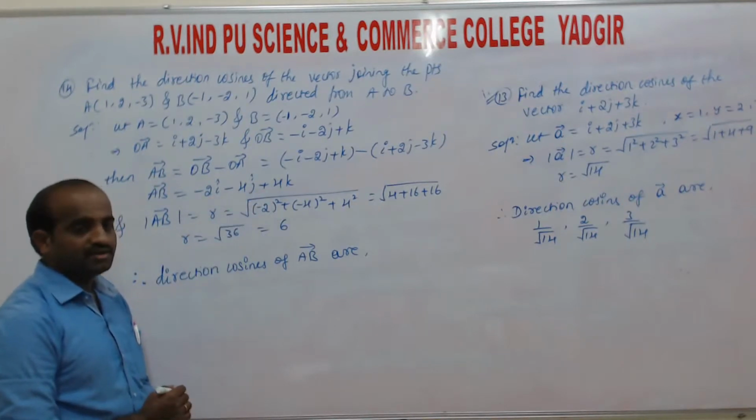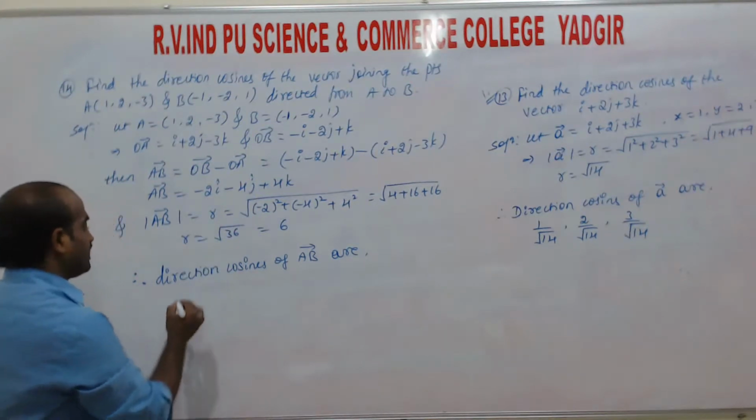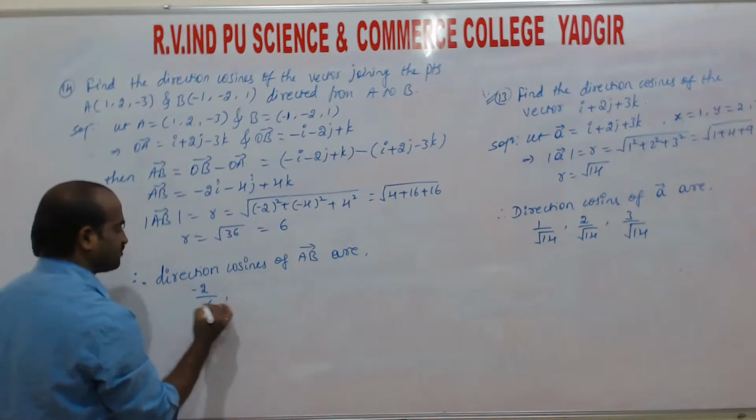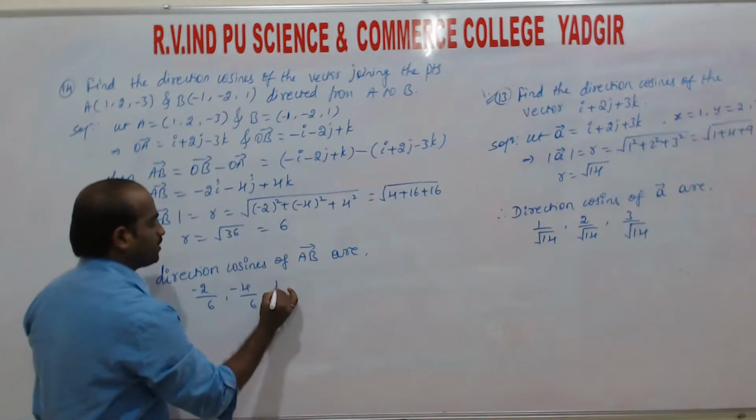These are direction ratios, the scalar components. So minus 2 by 6, minus 4 by 6, 4 by 6.